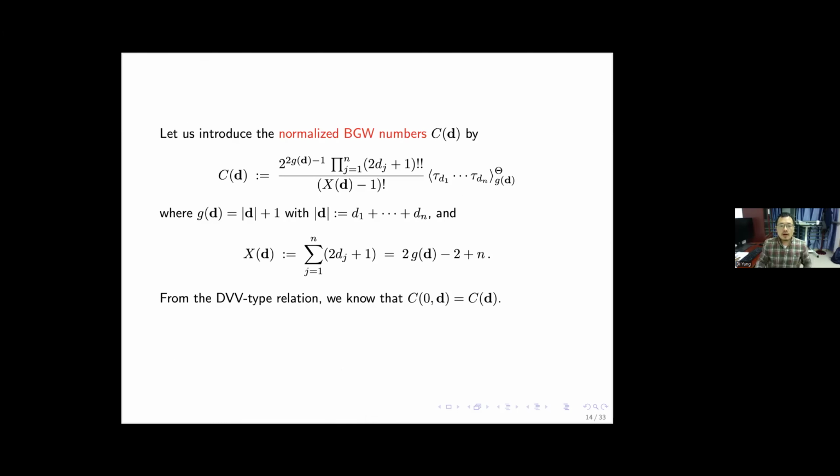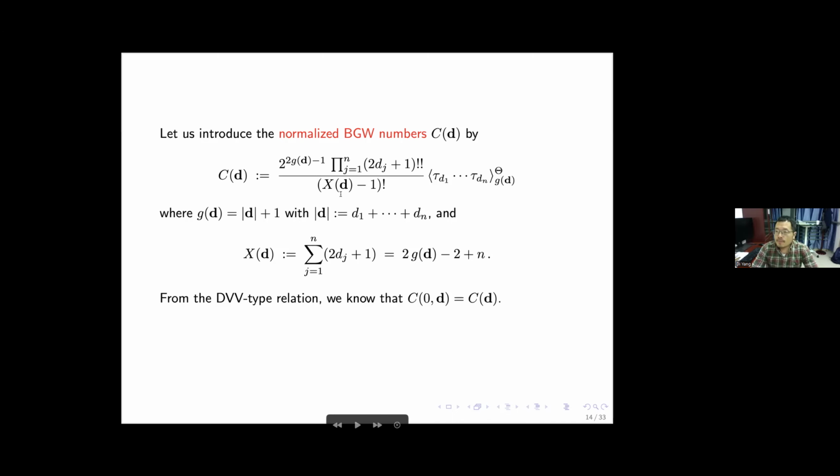Now let us introduce some better normalized BGW numbers, which we call C_D, where D is D1 to Dn, the partition. The previous normalization has the double factorial; now we also divide by some numbers.